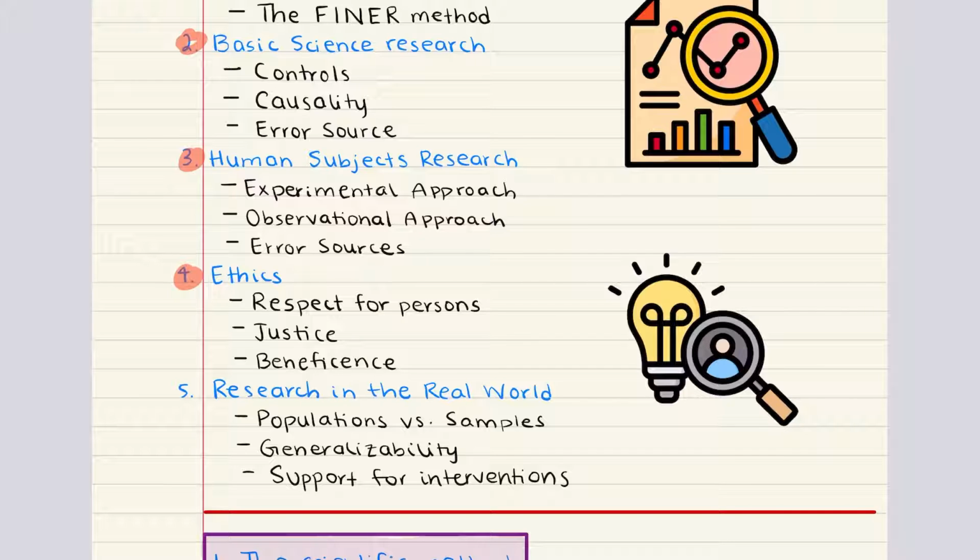Finally, we're going to explore research in the real world. So here, we're going to learn how to differentiate between populations and samples. We're going to define generalizability, and we're also going to understand how research findings can support intervention.